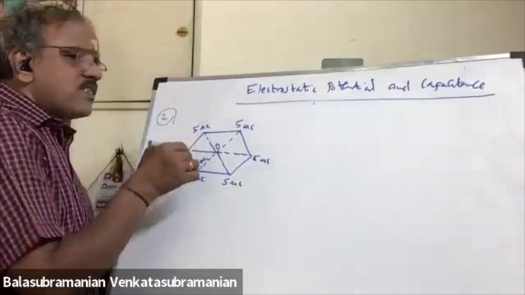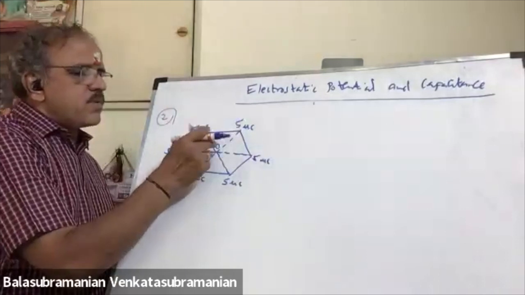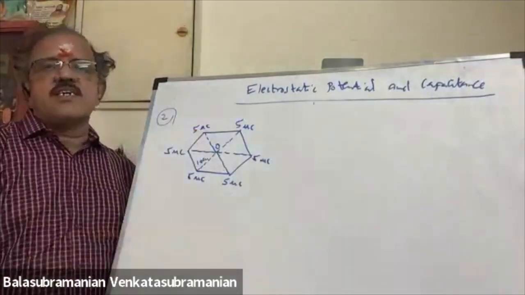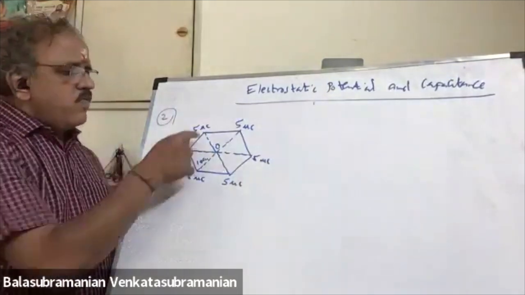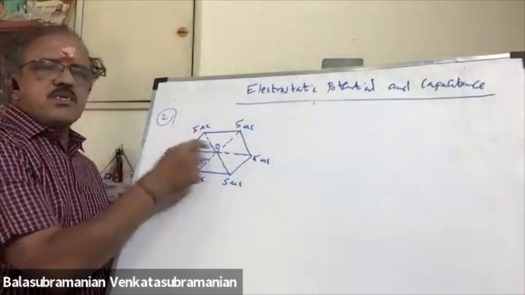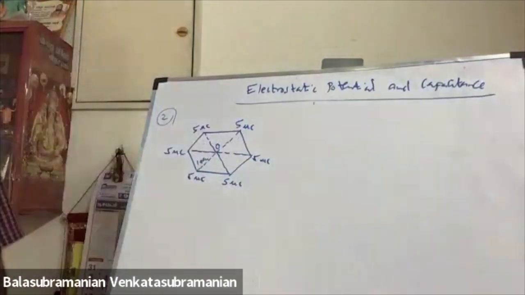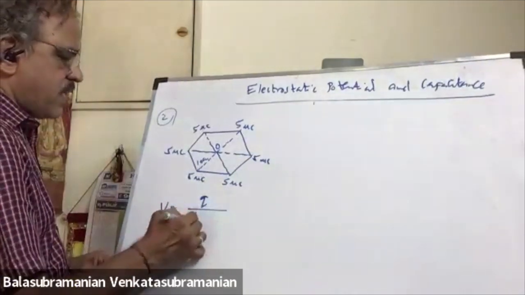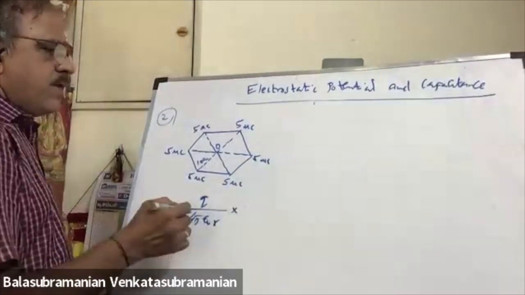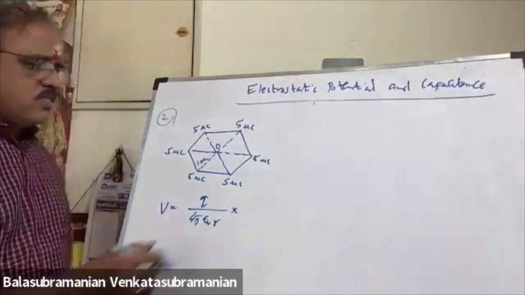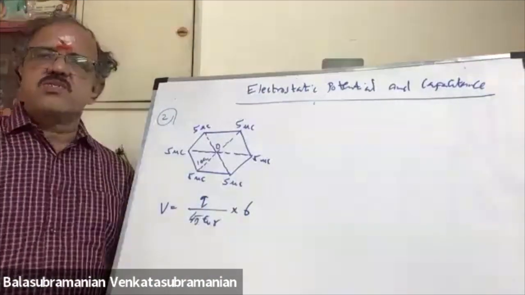Each vertex has its own contribution toward the center, 5 microcoulomb each. So the potential, basic formula, is Q by 4 pi epsilon naught R. But all the 6 vertices have a contribution, so we have to multiply by 6.